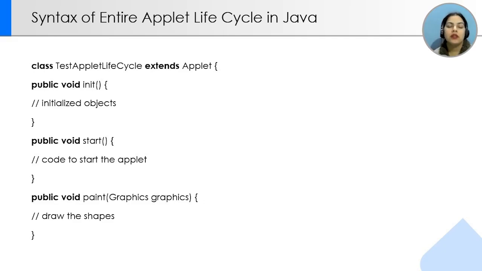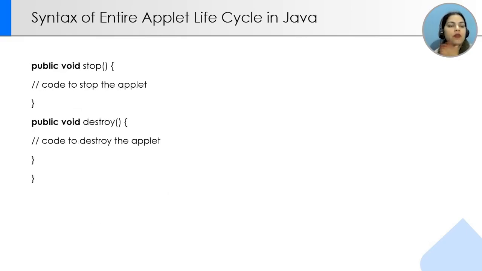Now we have used the init method, which is used to initialize the object. Then we use the start method, from where the actual code will start its working. Then we use the paint method, which belongs to the graphics class, which will help the user to draw the shapes. Then we use the stop method, which will stop the execution or working of an applet.